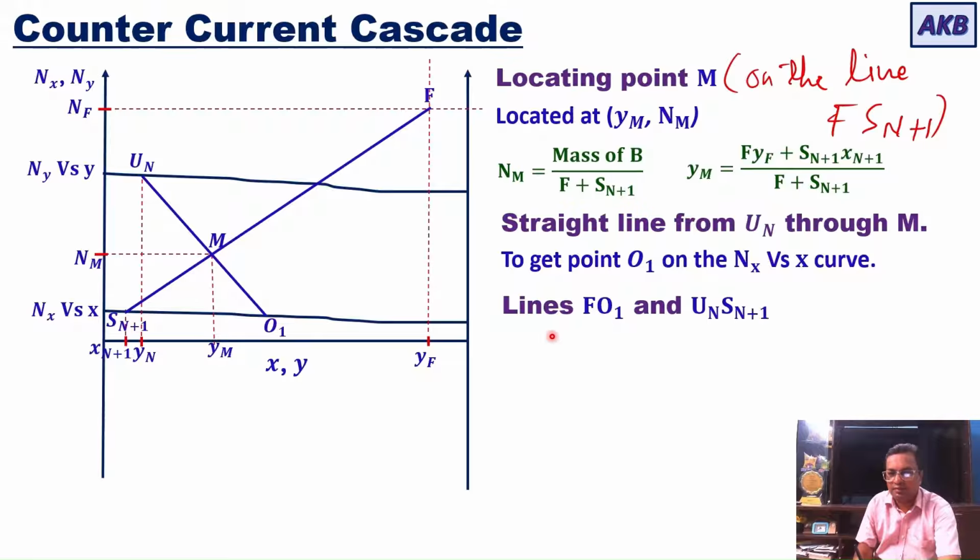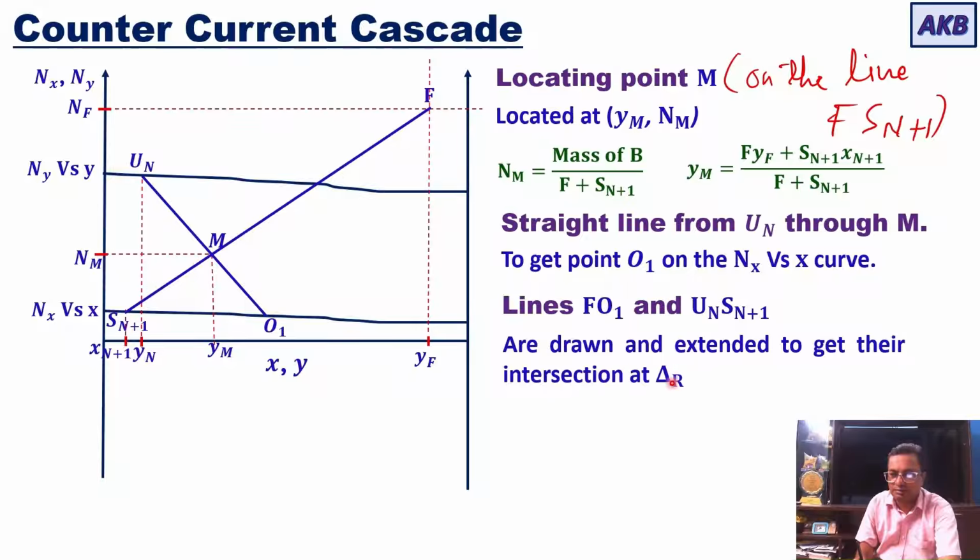Now look at these two lines. I will be drawing a line that starts from f, passes through O1, and then I will draw another line that starts at un, passes through Sn plus 1. After drawing those two lines, I will extend them to get an intersection between those two lines. That intersection point will be the difference point, that is delta r.